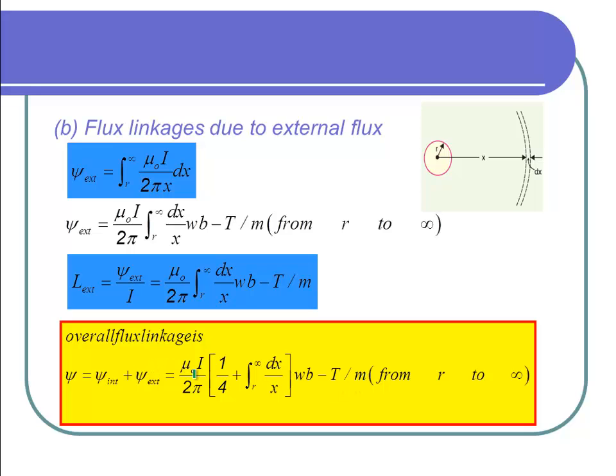So this is the final expression for the magnetic flux linkage on the conductor because of the current flowing through the same conductor.